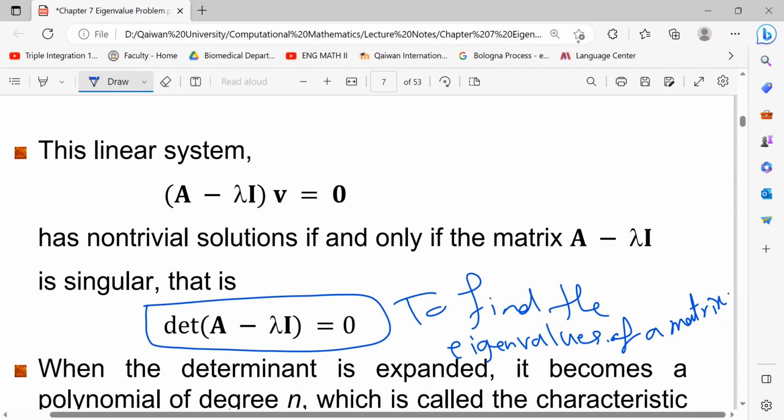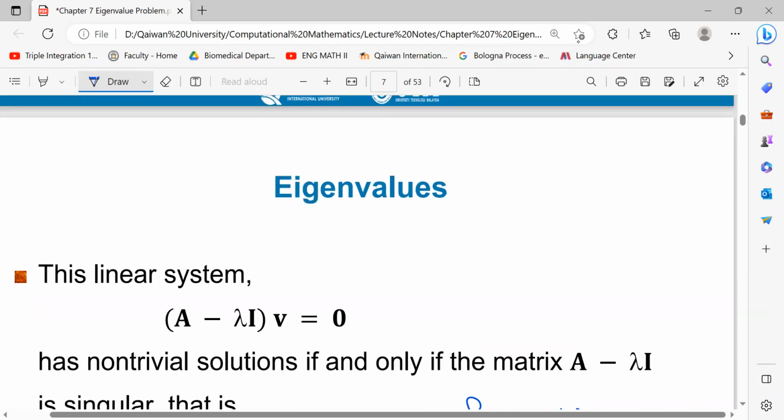Now, we say A is the given matrix, and I is the identity matrix of the same size as A. Let's remind you what the identity matrices are. For a 2 by 2 matrix, the identity matrix is this. Only the diagonal elements are ones, others are zero.